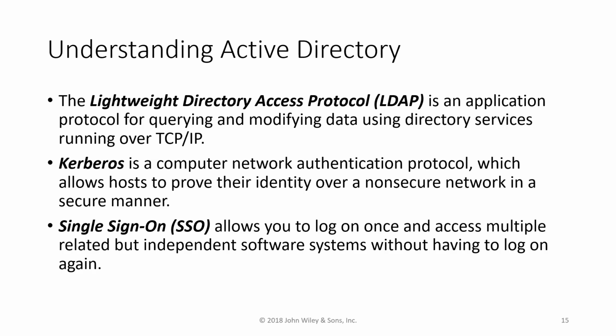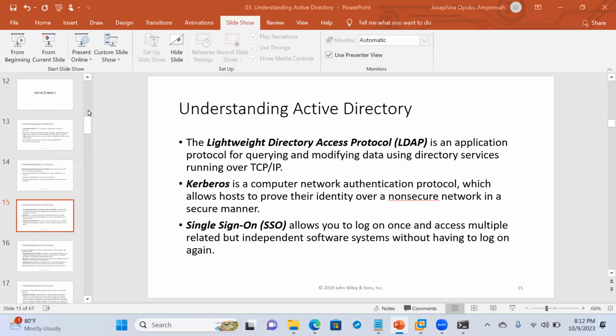Then the other thing that you need to get is what we call Kerberos. Now, let me explain Kerberos more. Kerberos is one of the important things to grasp when it comes to user identity, whether it is in Windows environment or Linux environment or wherever you may find yourself, because it is a widely used protocol when it comes to authentication.